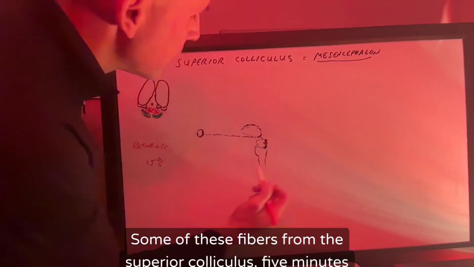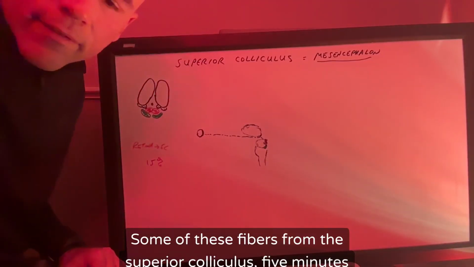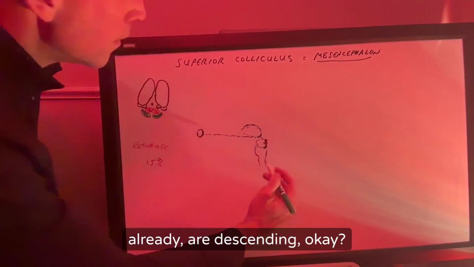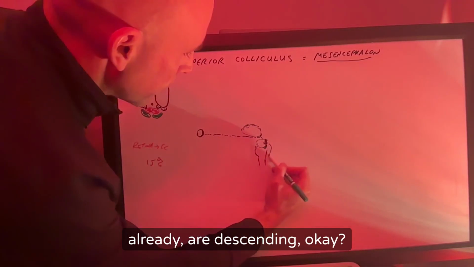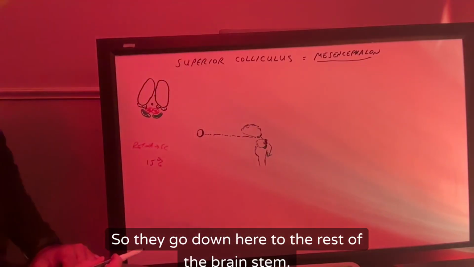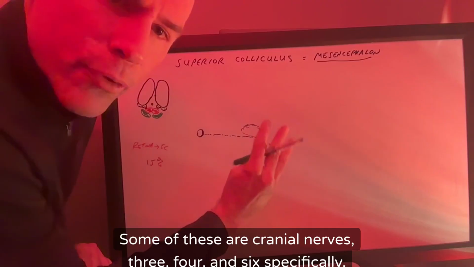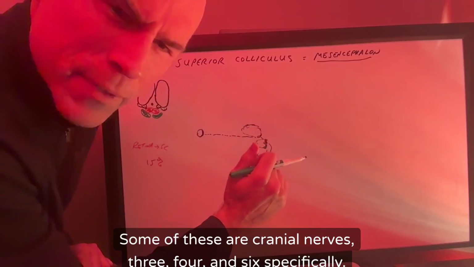So some of these fibers from the superior colliculus, 5 minutes already, are descending, okay? So they go down here to the rest of the brainstem. Some of these are cranial nerves, 3, 4, and 6 specifically.